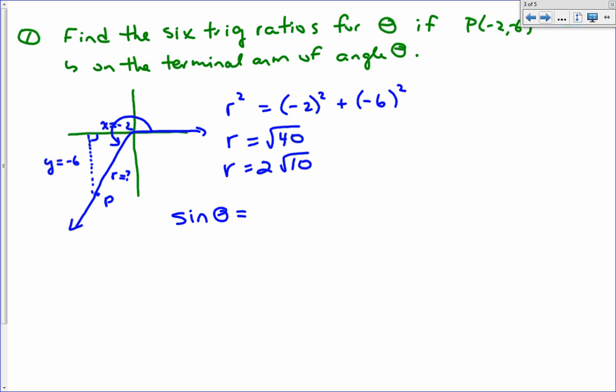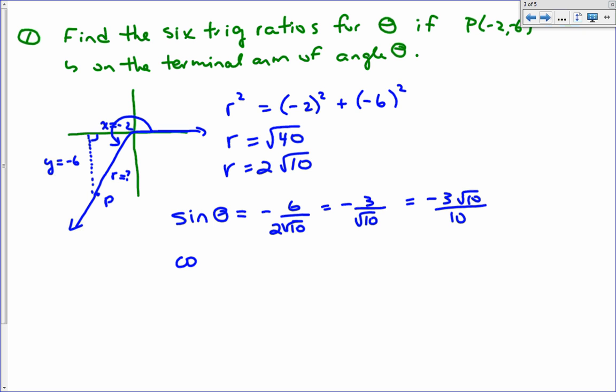So the sine of theta, y over r, so that will be -6 over 2 root 10. So let's divide top and bottom by 2 first, so we get -3 over root 10, and then we'll rationalize the denominator, so we get -3 root 10 over 10.